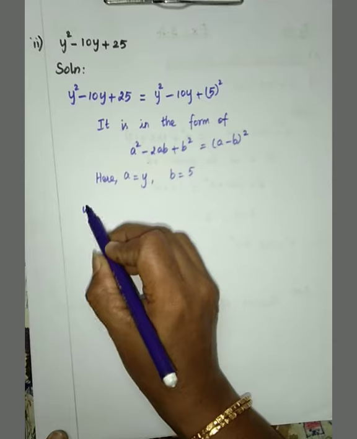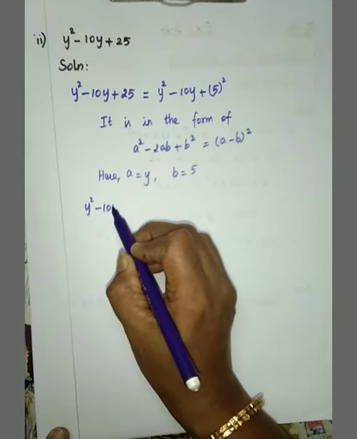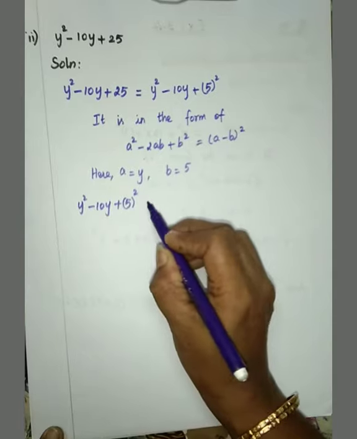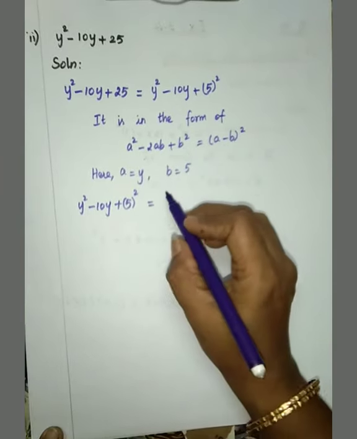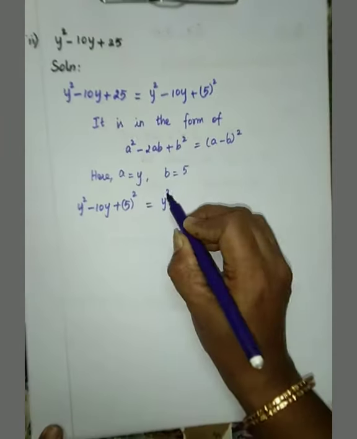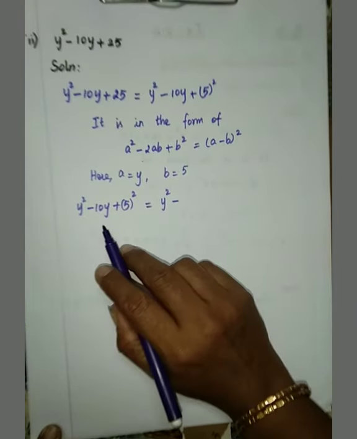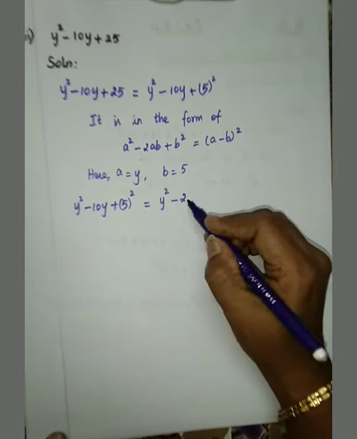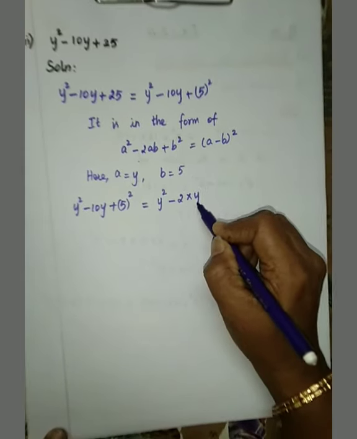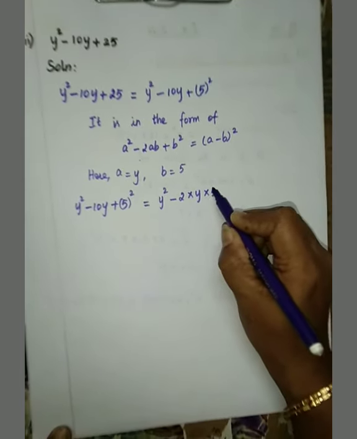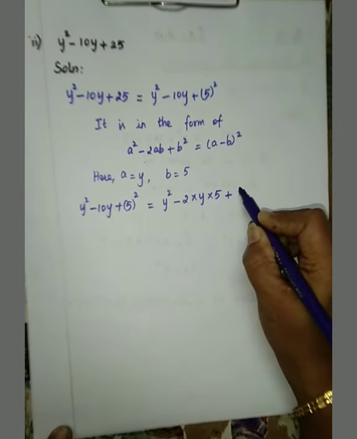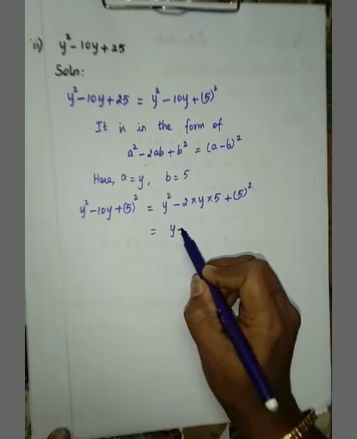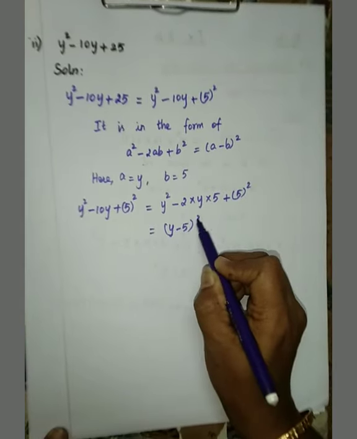So y square minus 10y plus 5 square equal to, we can apply in the format, that is y square minus, this 10 can be splitted into 2 into 5. So 2ab, so 2 into a value is y and b value is 5, plus b square, that is 5 square. So this can be written as y minus 5 the whole square.